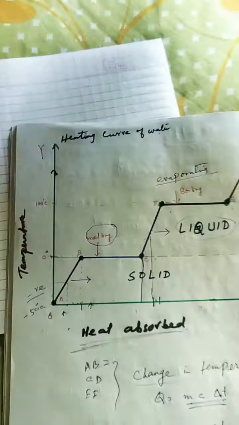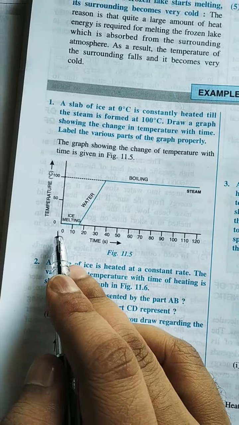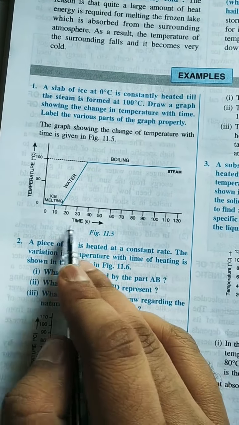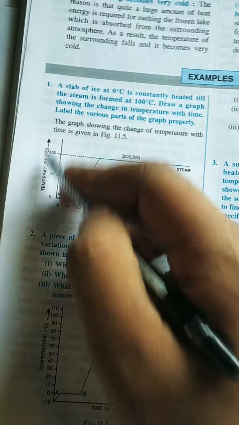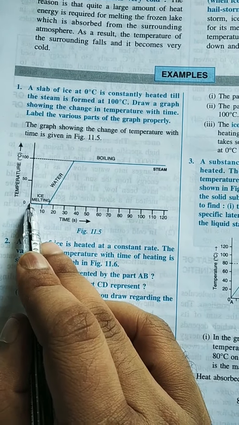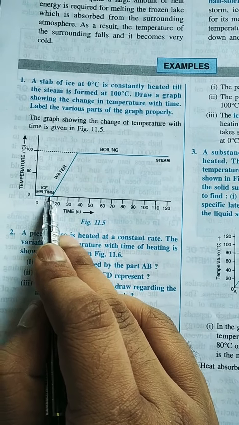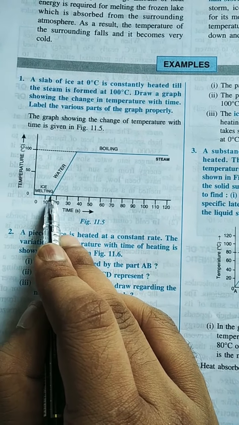Now look at this. Here some examples are given. Here time is given, and on this side temperature is given. Now the ice melts. Look at this straight line, the blue line.